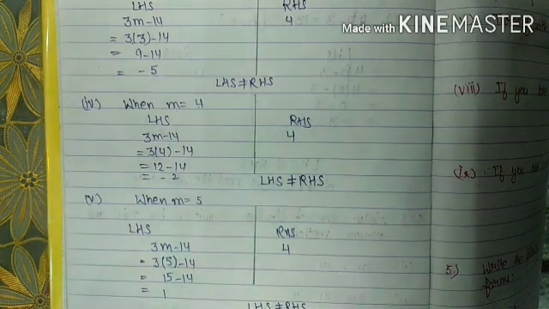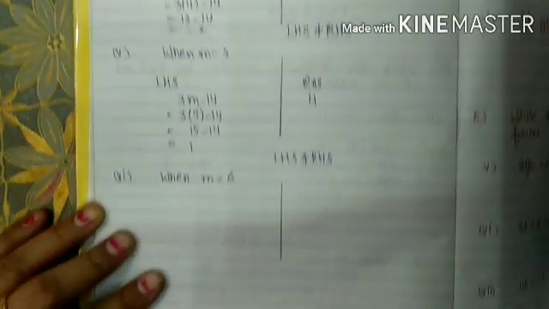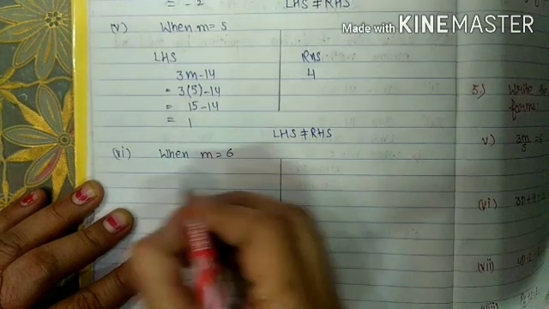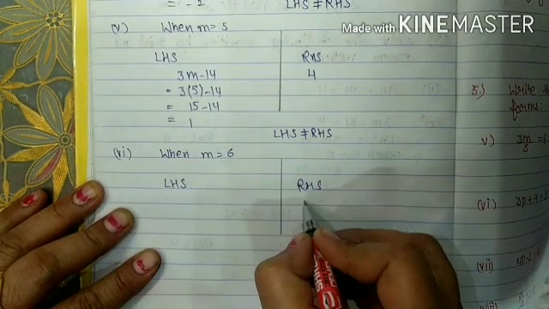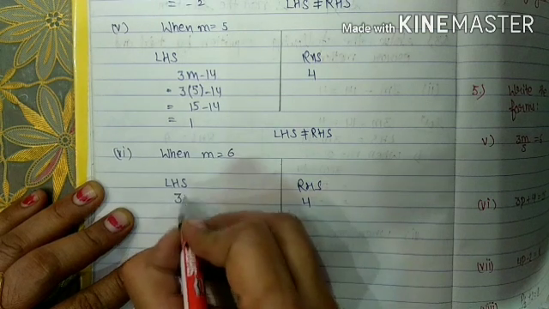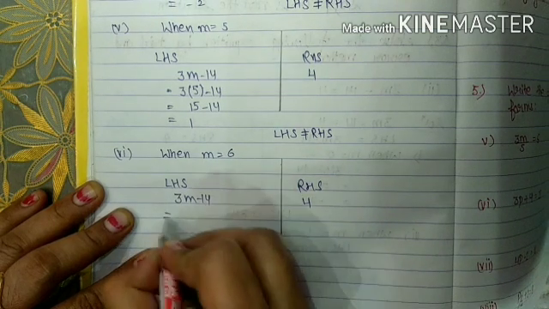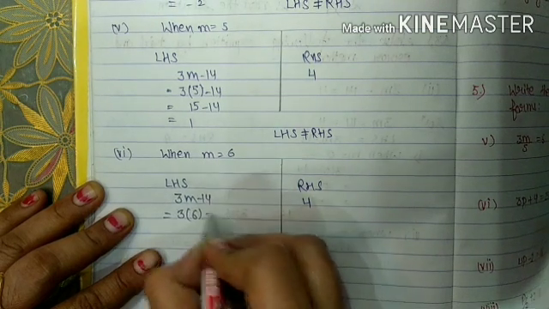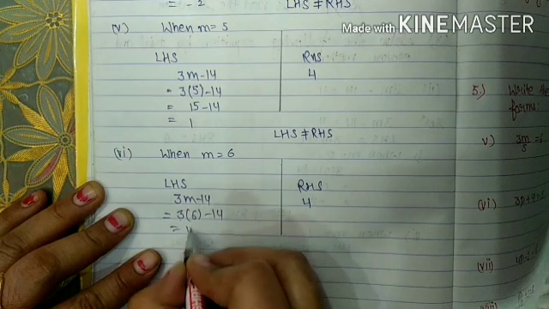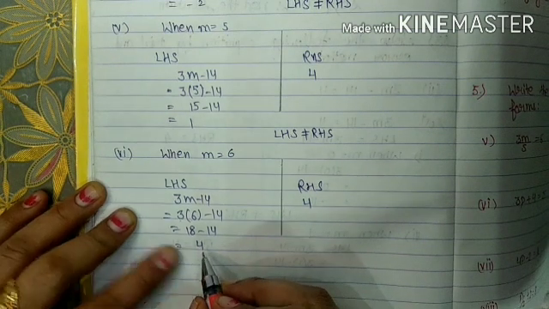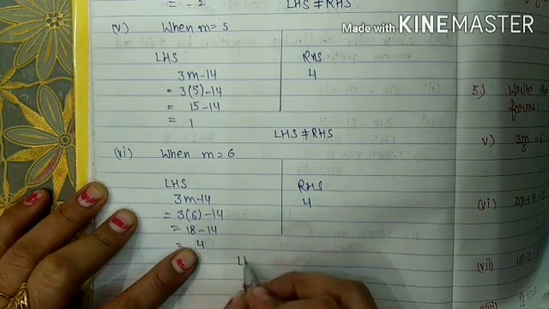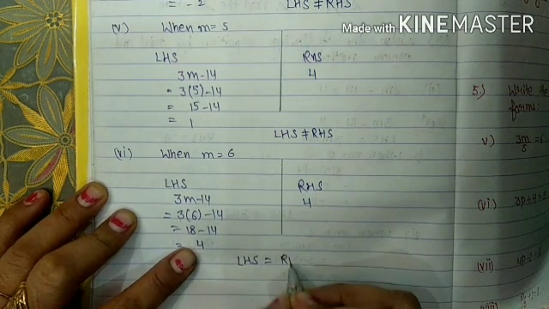Further I will try the next value. I am trying for m equals 6. RHS is the same. LHS, put the value 3 into 6. 6 3s are 18, minus 14, it is giving 4. Students, see here, LHS and RHS are the same, both are 4.